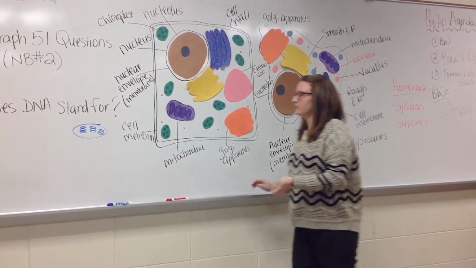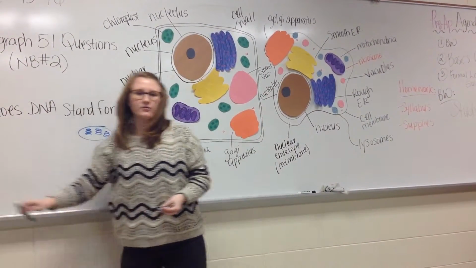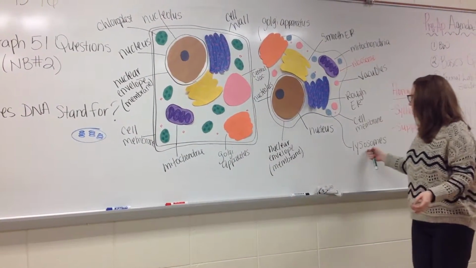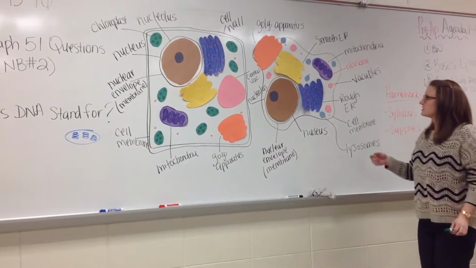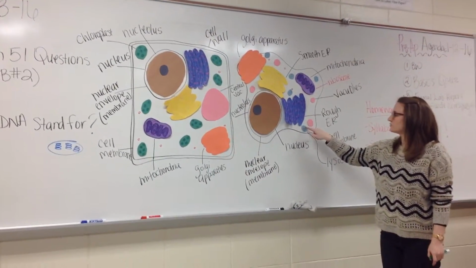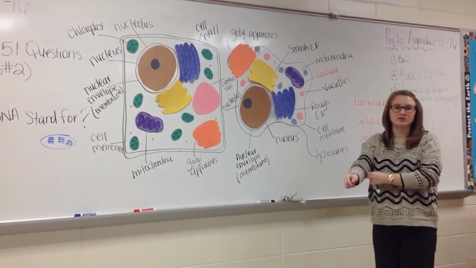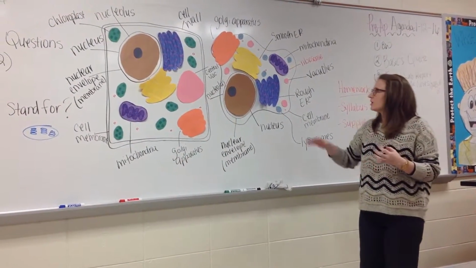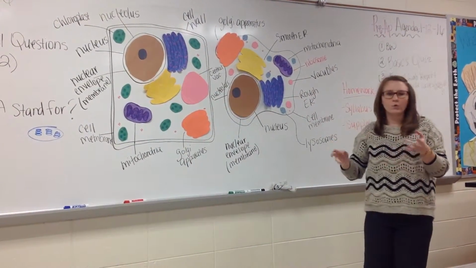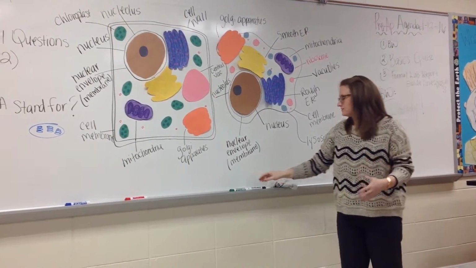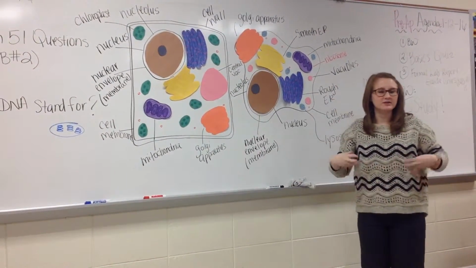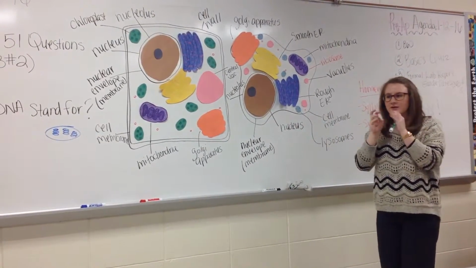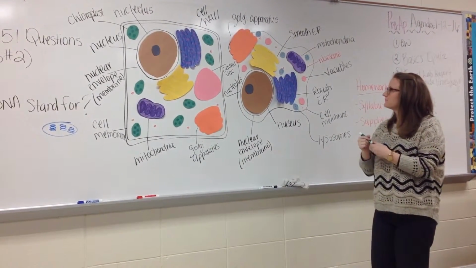If you remember from reading your outline and writing down your functions, the lysosomes are kind of like the stomach of the cell. They have digestive enzymes, so that's what those little dots are representing. It's kind of like the stomach acid in your stomach. It helps break down worn out old cell parts, like your stomach breaks down your food. These lysosomes are like little stomachs, and they break down stuff for you.